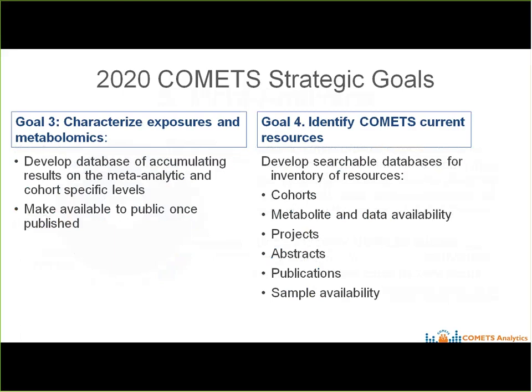Goal 4 will help identify COMETS resources, and in this project, we hope to develop searchable databases for inventory of resources, including what cohorts are in COMETS, metabolite and data availability, which is facilitated by the harmonization file that you sent to us, and the data tables that Bing, you, and Steve had compiled for the design paper, which we all saw, the different projects that have been approved, abstracts from COMETS, publications from COMETS, as well as the sample availability that Krista is heading up.